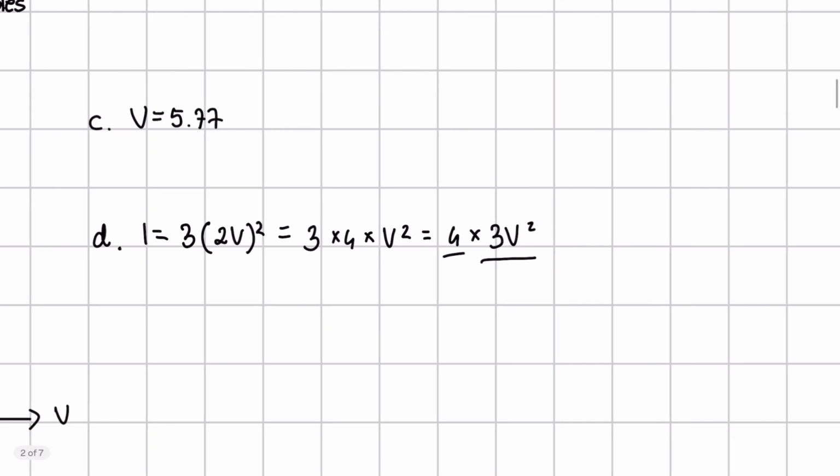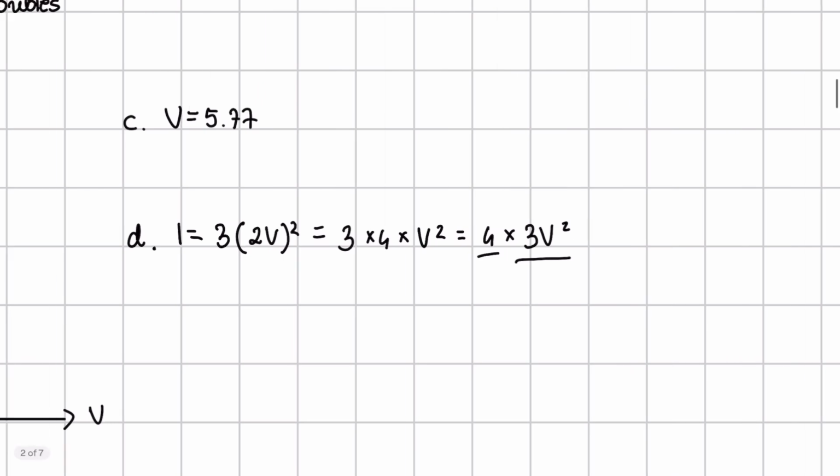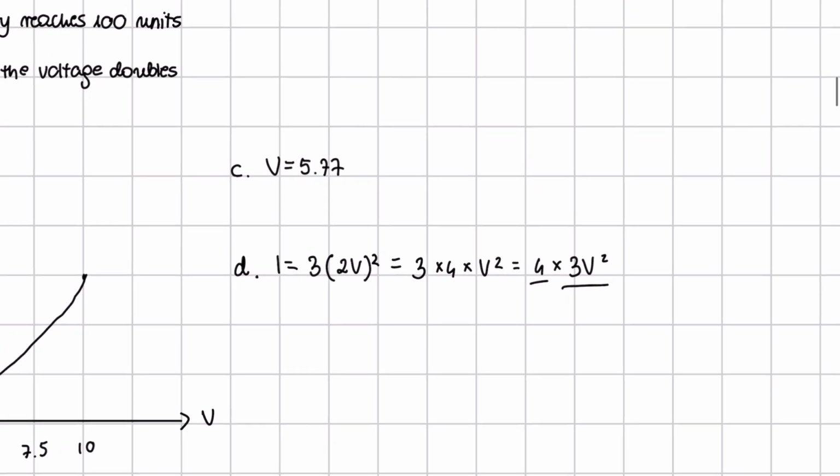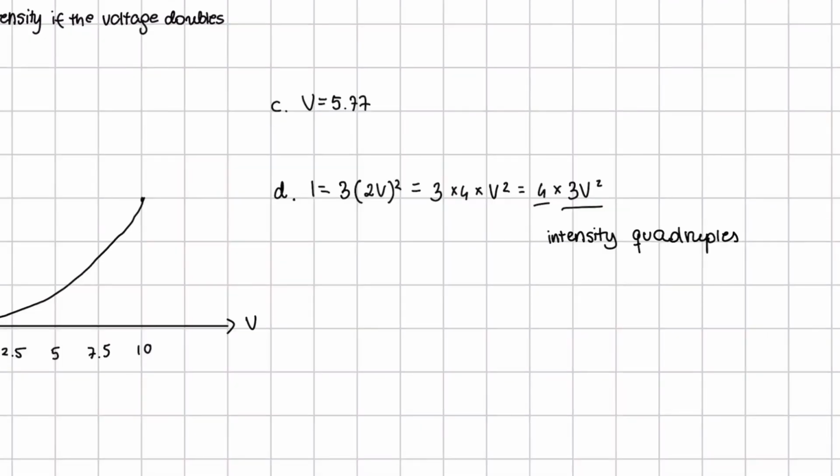So we can see that our intensity quadruples, because when we double our voltage, we have V squared, so it means that our intensity quadruples. So in order to give our final answer, we should also write intensity quadruples.